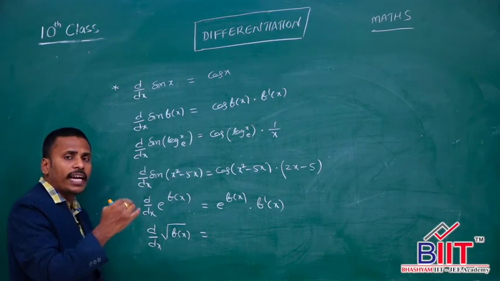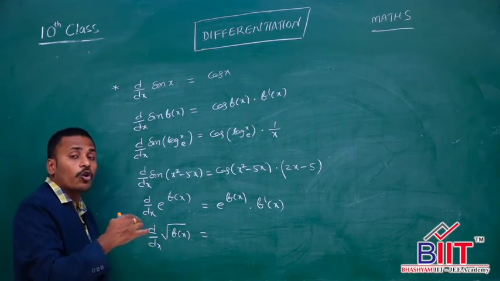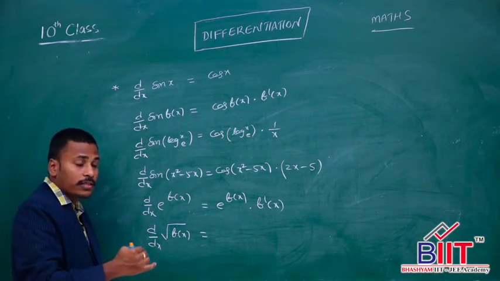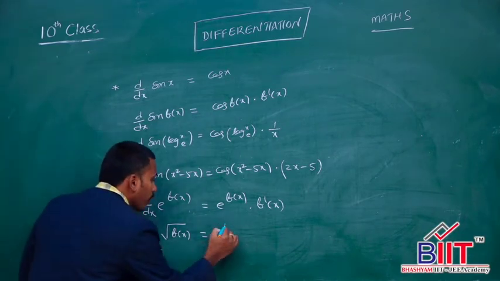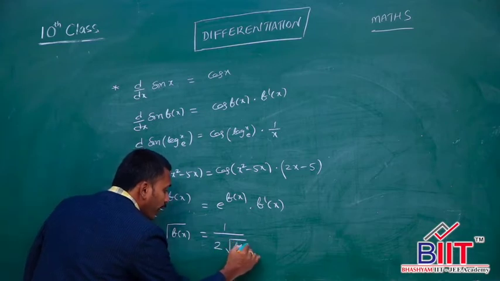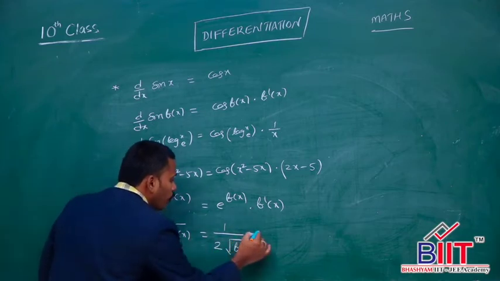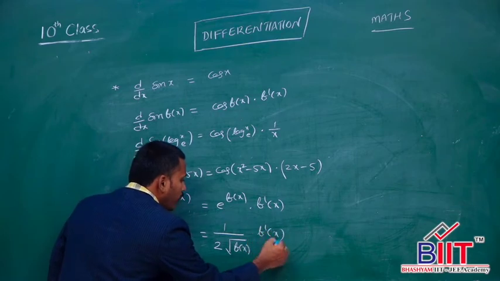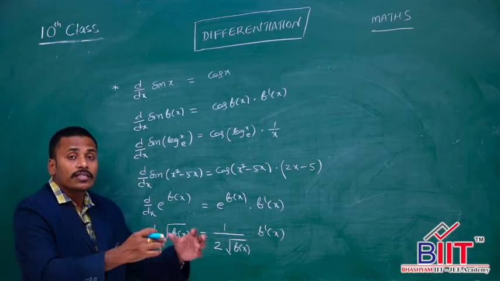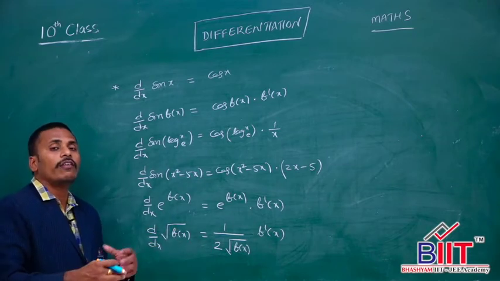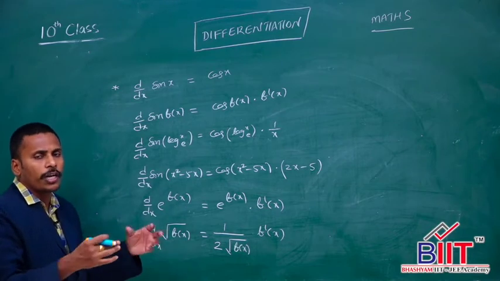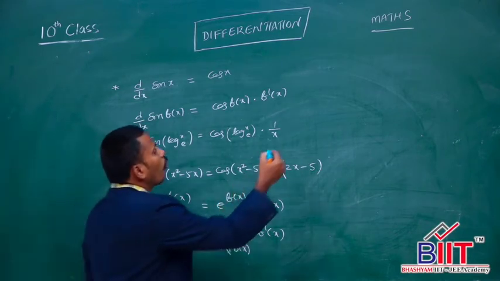So what is the standard derivative for root x? For root x, the standard derivative is 1 by 2 root x. So here for root f of x, the answer is 1 by 2 root f of x into the derivative of this input f of x, which is f dash of x. Likewise, based on standard derivatives, we will answer different questions if it is a combination of different functions. I will give you one more problem.